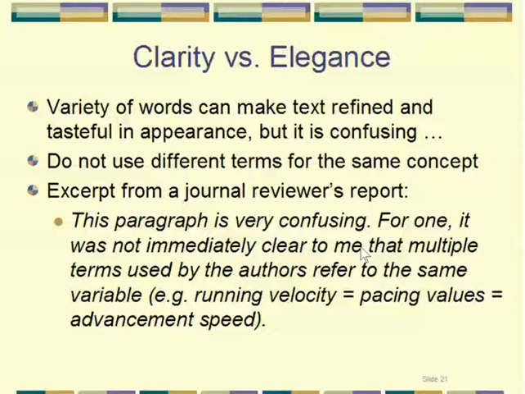For example, running velocity, pacing values, and advancement speed. So, always choose clarity over elegance, and once you call a construct with a name, stick to that name from beginning to end of a report.